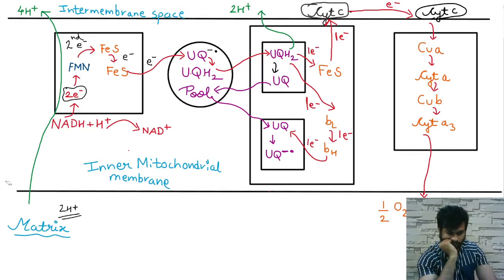So the second electron will pass to the FeS. Then FeS will transfer the second electron to the next FeS molecule. This second electron will get passed to semiquinone, and this semiquinone will get converted into ubiquinol, that is fully reduced state.